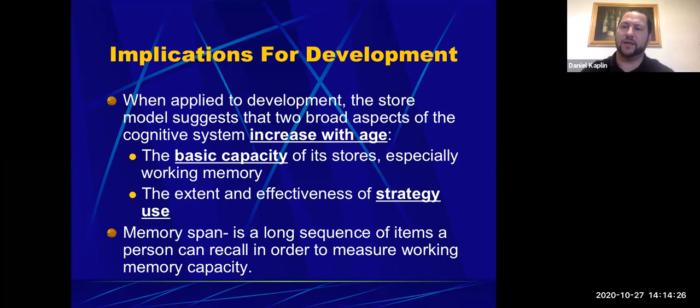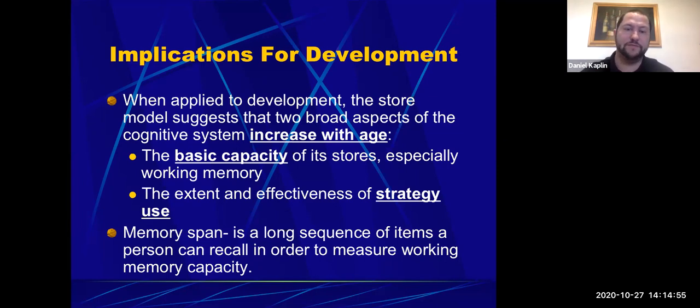It goes back to the concept of apoptosis, which is a biological term, which basically means programmed cell death, as well as synaptic pruning. But as our neurons start to wire and get where they need to go, we start to become more effective in our storage and retrieval of memory.